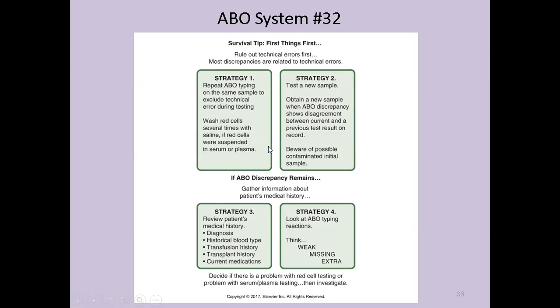Wash red cells several times with saline, suspend in plasma. Okay. We could test a new sample, get a new sample if we can't resolve it. Okay. If it remains, we always want to gather history about the patient. And then we want to think weak, missing, extra. Okay?